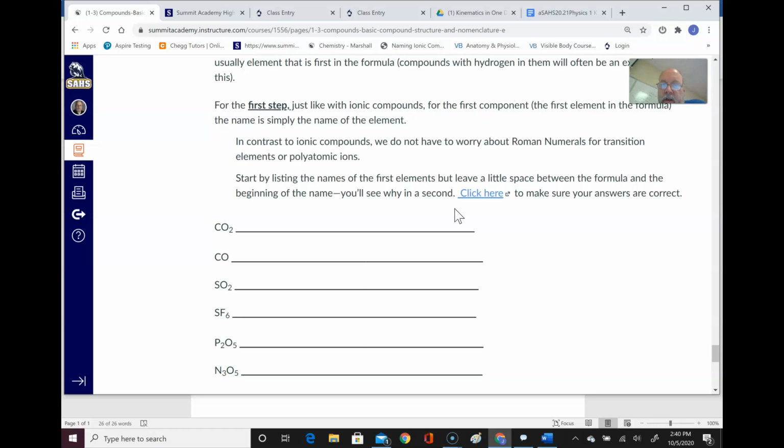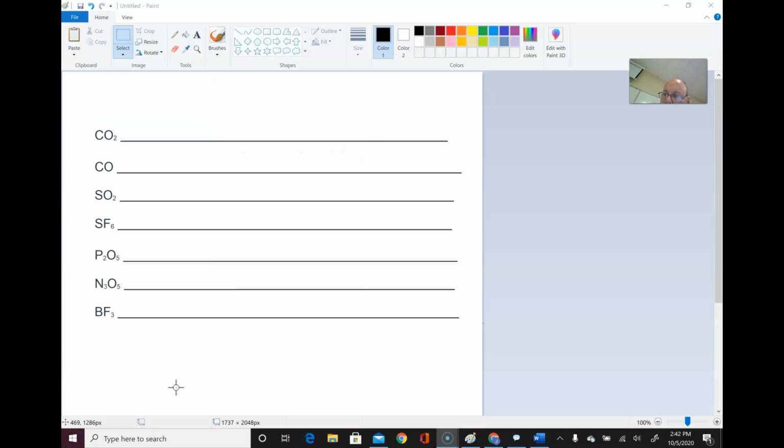So we're going to start by listing the names of the first elements, but again, we're going to leave a little bit of space between the formula and the beginning of the name, and you'll see why in just a second. Okay, and then come back here and click to make sure that your answers are correct. But we're going to go to a list. Okay, so move over a little, separate, and we put down carbon.